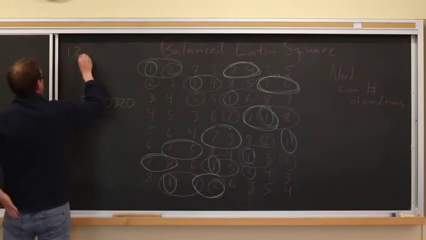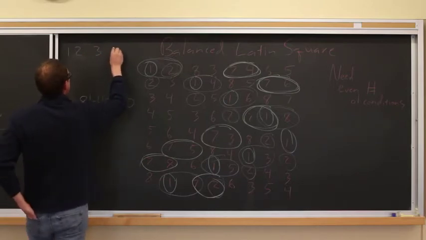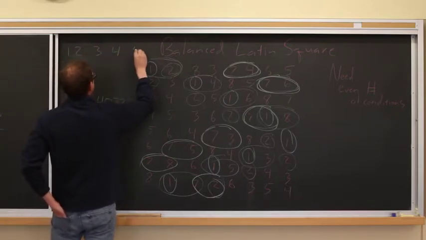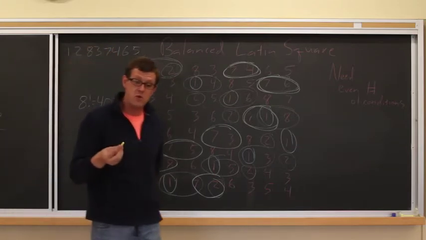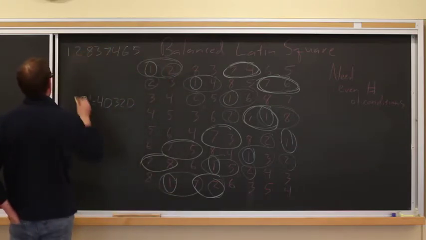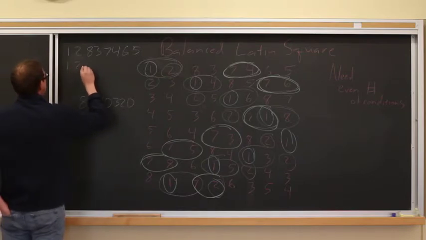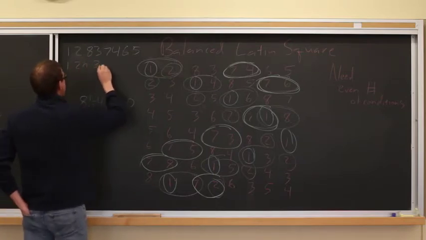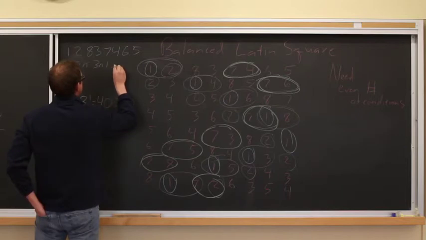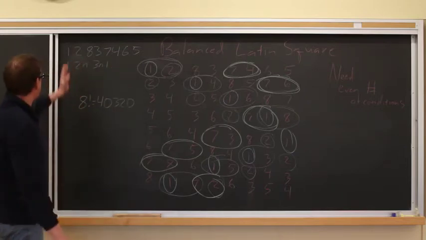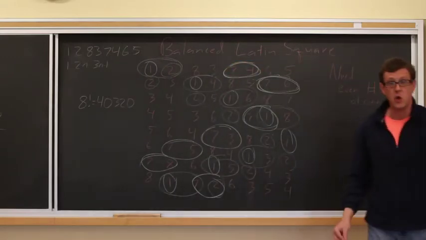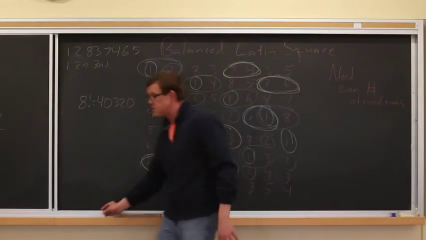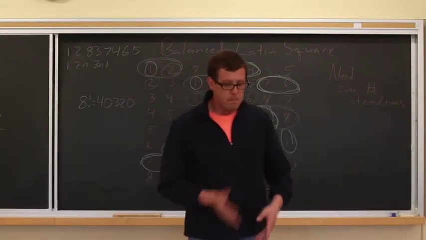I just went 1, 2, I left this blank, 3, left a blank, 4, left a blank, 5, 6, 7, 8. If you think about this in terms of numbers, it's going to be 1, 2, n, 3, n minus 1, dot, dot, dot. Something like that, where you are going through all of the potential numbers that you have, all the way up to some even numbered n.